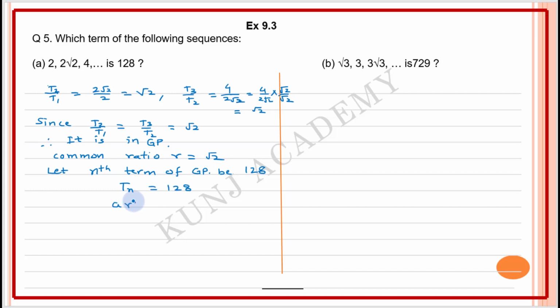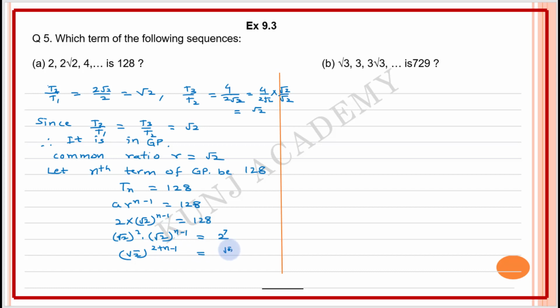Tn means a r power n minus 1 is equal to 128. The first term a is 2, r is root 2, so 2 into root 2 power n minus 1 is equal to 128. 2 can be written as root 2 square, into root 2 power n minus 1, is equal to 128, which can be written as 2 power 7.